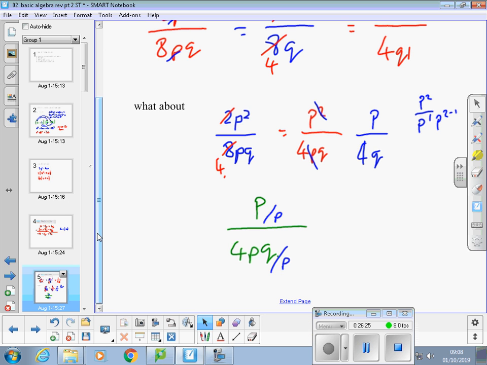Effectively, cancellation-wise, one p takes away the square sign, and the other p takes away the p in the denominator again.